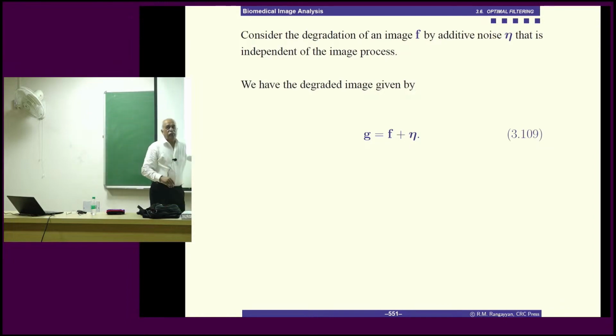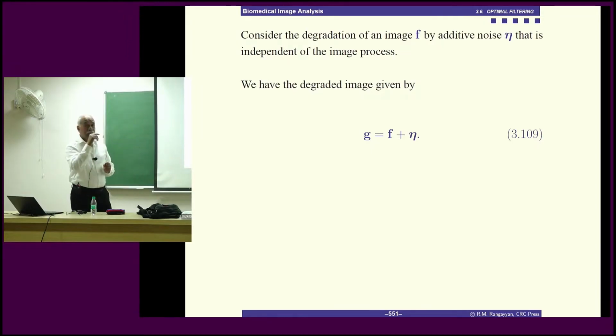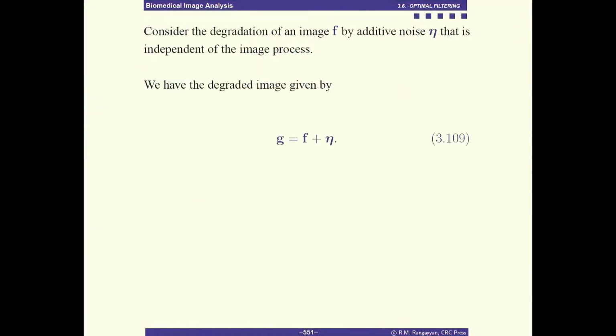So G equal to HF plus eta, but then you require an inverse filter to remove the convolution H factor. That I have dealt with in a different chapter on image deconvolution and restoration. There is a Wiener filter for that also. But we won't go into that. If you're interested, you should refer to the chapter on deconvolution. But here we will look at noise removal only.